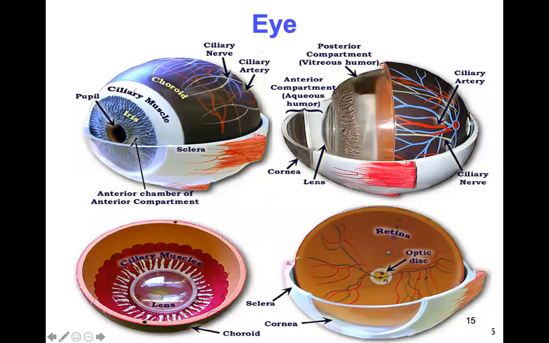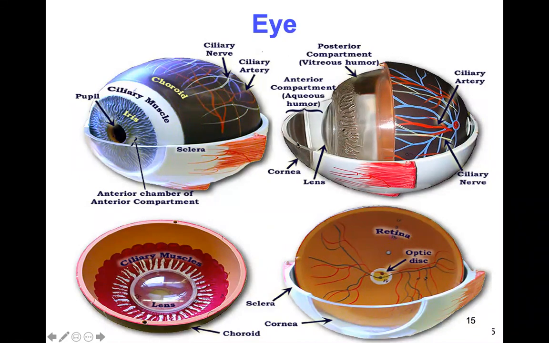When we look at the different portions of the eye, again, here's the cornea, which is the clear part, and we can see that the cornea is continuous with the white part, which is the sclera. And then when we take off the top layer, we can look at the different depths, right? The different portions of the eye from anterior to posterior.